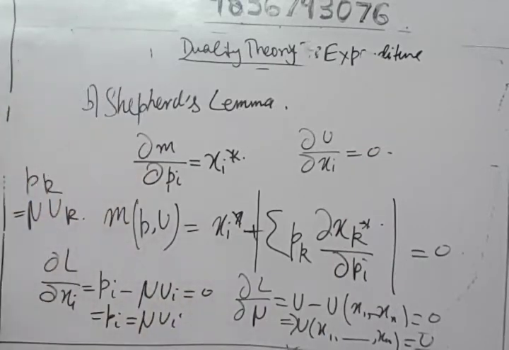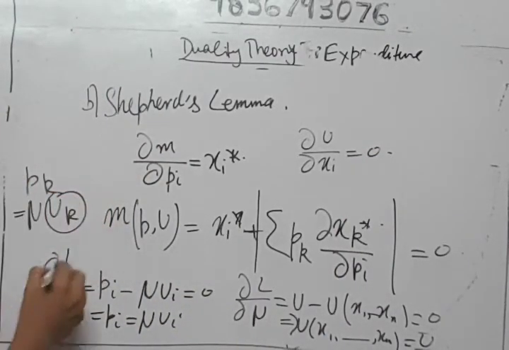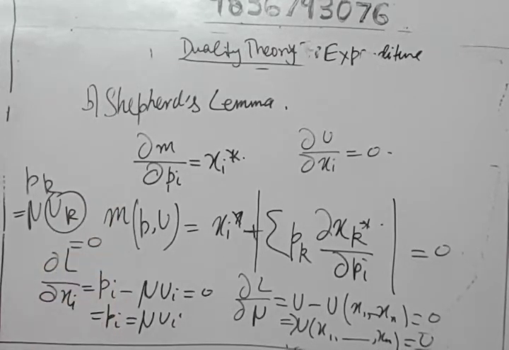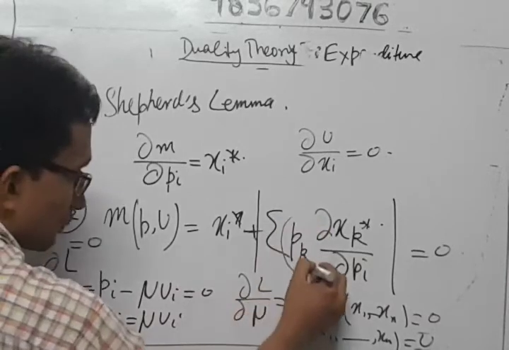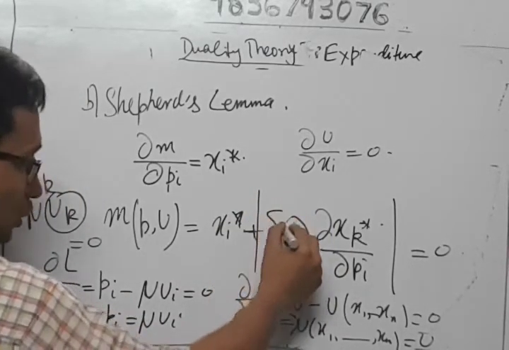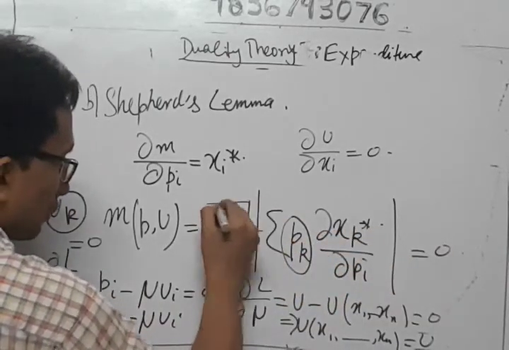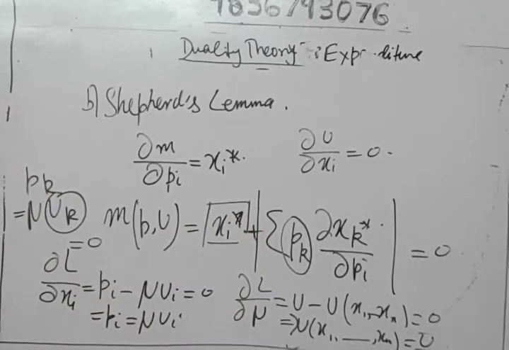So uk here is essentially equal to 0. As this is equal to 0, this expression turns equal to 0, and hence the summation of all these expressions is equal to 0. So we are left only with this part of the differentiation, that is xi star.